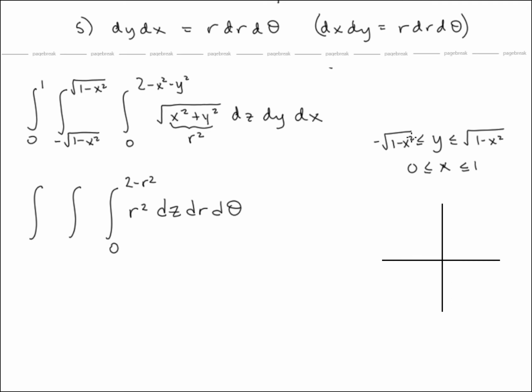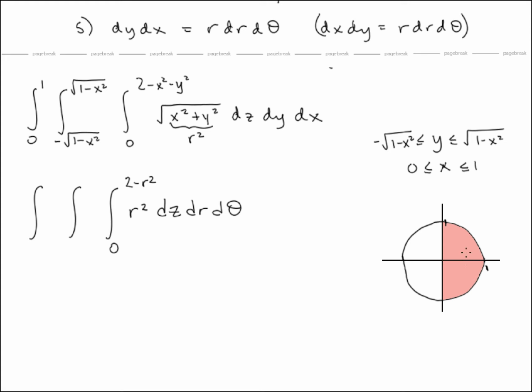These are the equations for the top and bottom semicircles. So we've got the unit disk here. And then with that, x goes from 0 to 1. So that means we only want to shade in the right-hand side. So this is the region that we're talking about here.